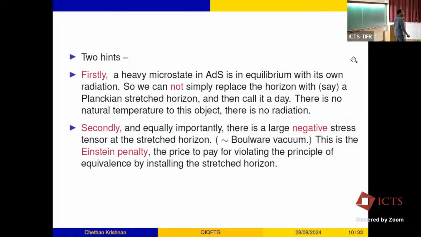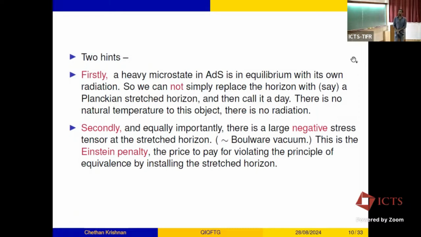But I don't think that's a fully satisfactory way to do it if you're looking for a realistic, or at least something that has a chance of being a realistic, modification of a black hole or black hole microstate. The reason is ultimately that when you remove the horizon, you lose temperature, you lose all the features that you expect from a thermal object, and they might be fundamental.